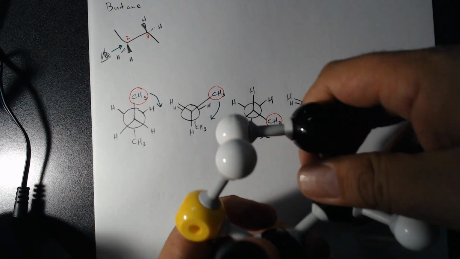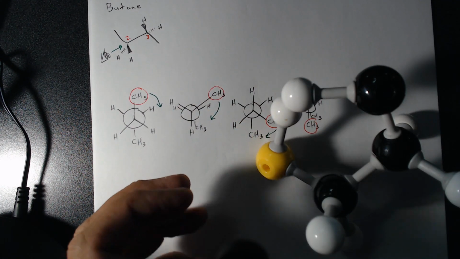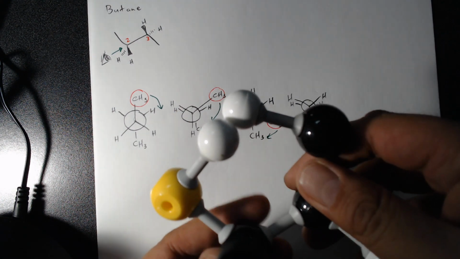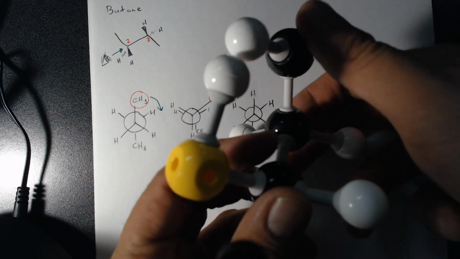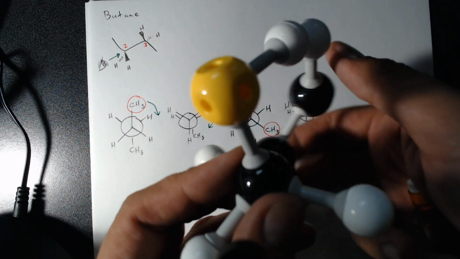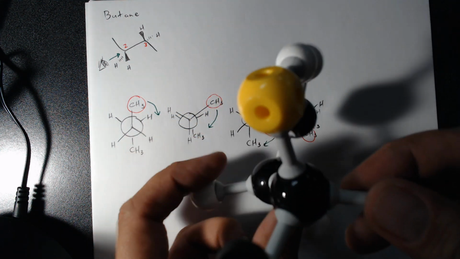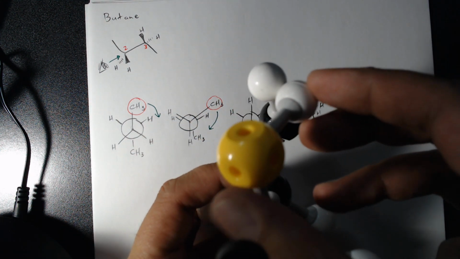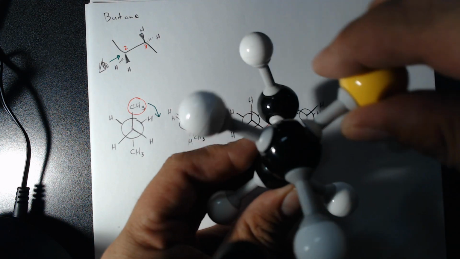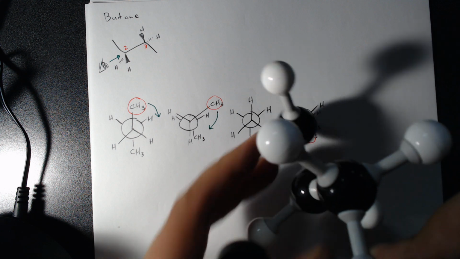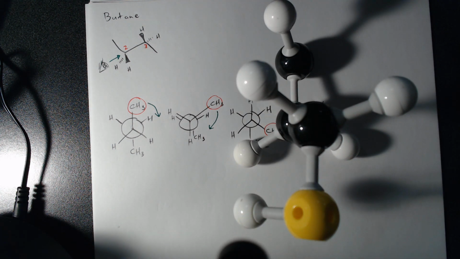When they are eclipsed to each other, they actually touch, and nature does not like that. It wants to push them away from each other. So this is the least preferred conformation, when the large groups are eclipsed and overlapping. The most favored conformation is where these large groups are as far away from each other as possible. That's the one that's favored.